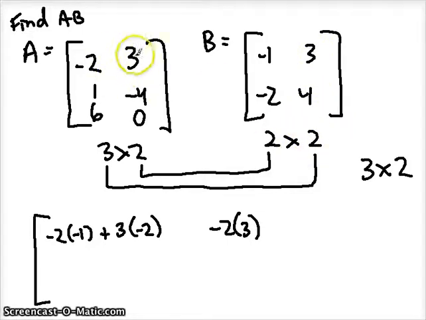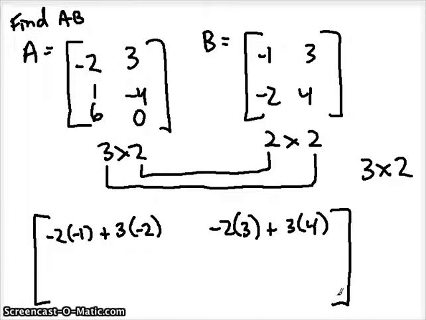And then we move over an entry. We do our second entries here, 3 and 4, and we're going to add those products. Okay, so now we know that we needed 2 columns, and we got our 2 columns right there. We know we need 3 rows, so we should have 2 more rows to go.